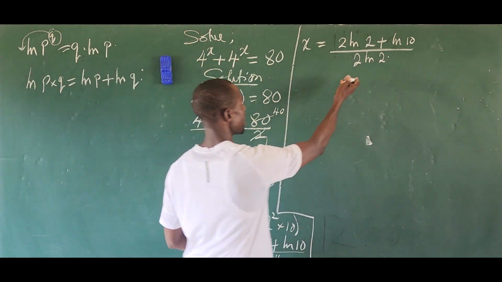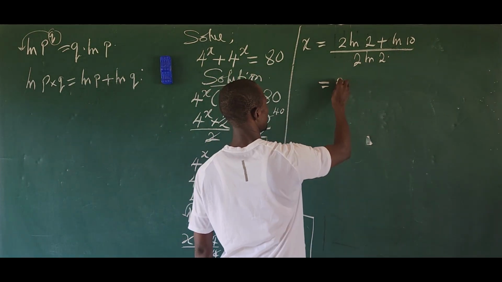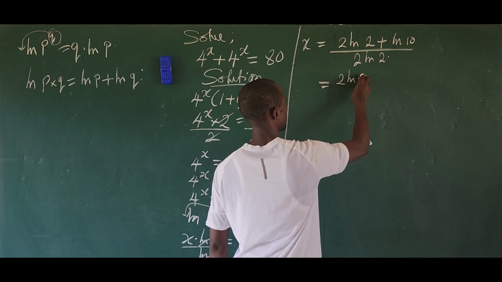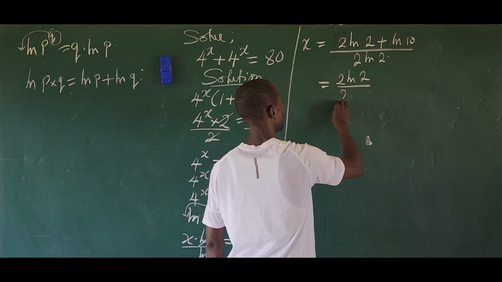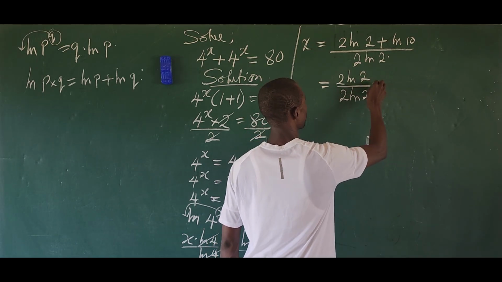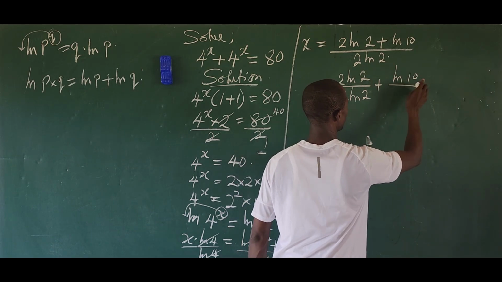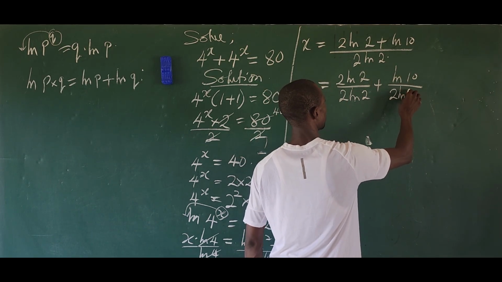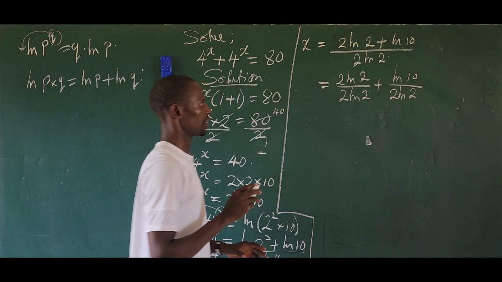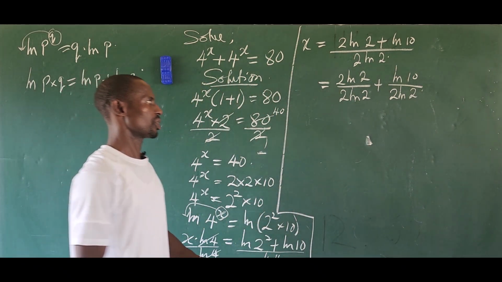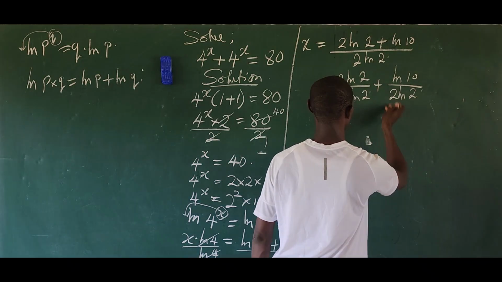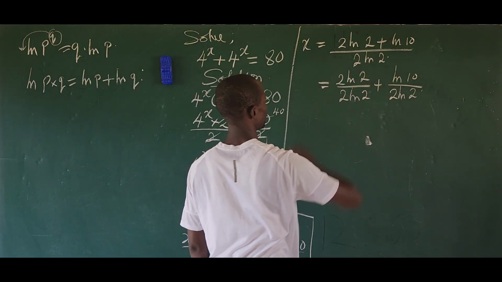Okay, now we can rewrite this again. If we rewrite this, it is going to give us 2 ln of 2 all over 2 ln of 2, plus ln of 10 all over 2 ln of 2. This has not changed, right? Good, because they have a common denominator and we can sum up the numerator and that will give us that back.